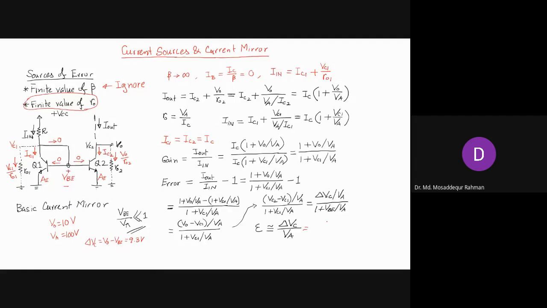Here you get 9.3 divided by VA, which is 100, so 0.093, or in percent, 9.3%. Which is quite large, right?